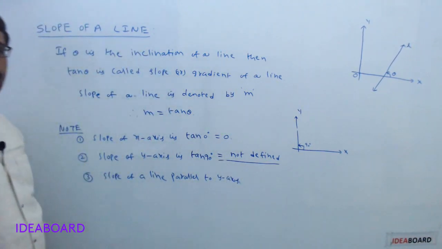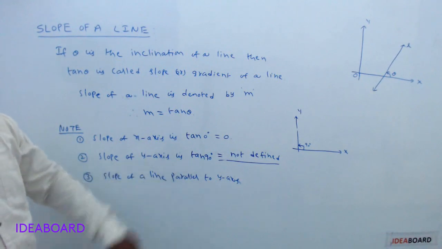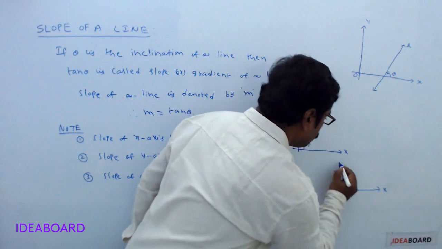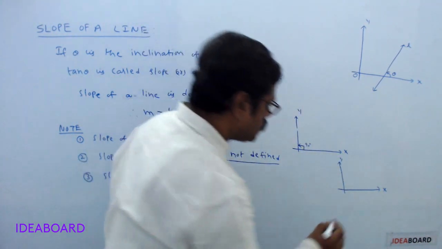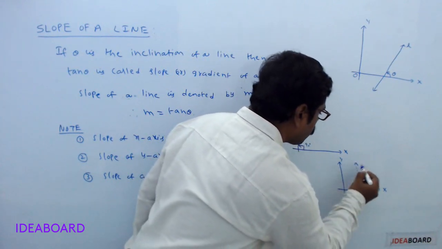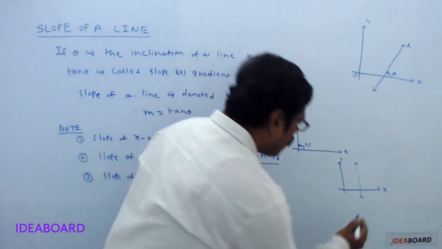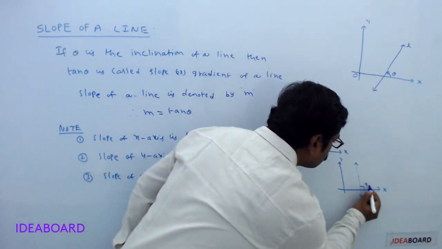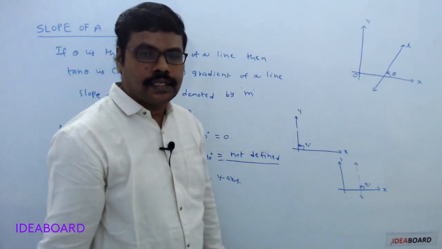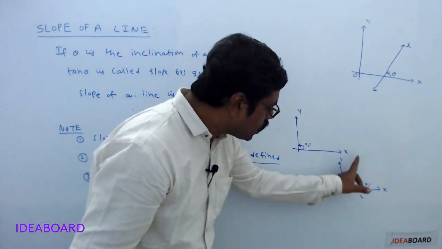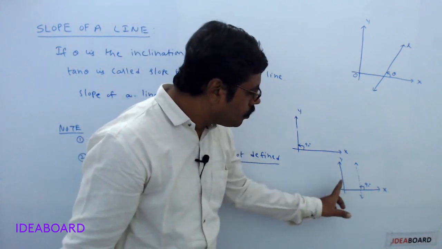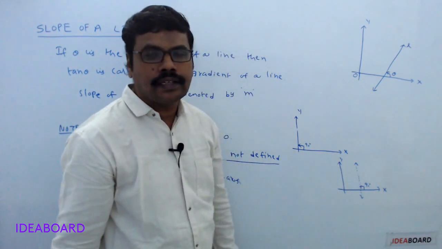First, what is inclination of a line parallel to y-axis? Now take the coordinate axis, draw a line parallel to y-axis. Now this line makes an angle 90 degrees with the positive direction of x-axis and measured in an anti-clockwise direction. So inclination of this line is 90 degrees.